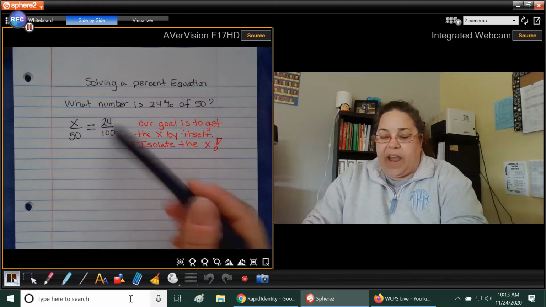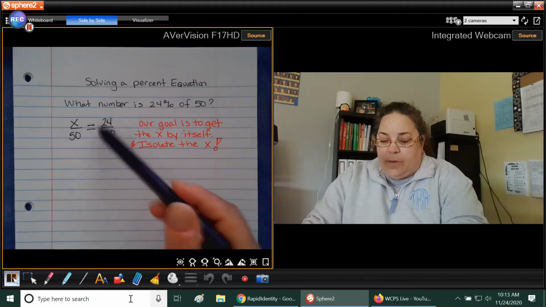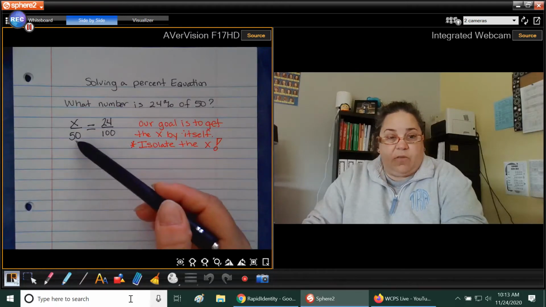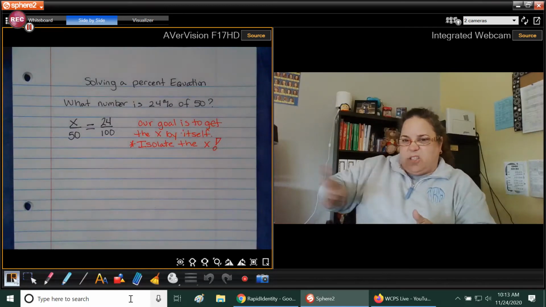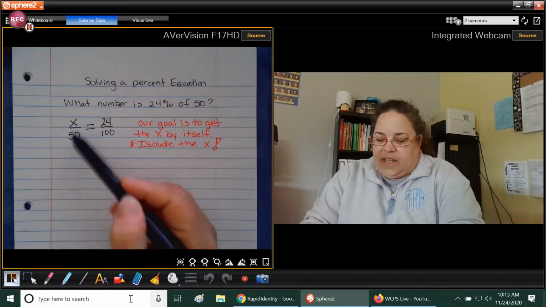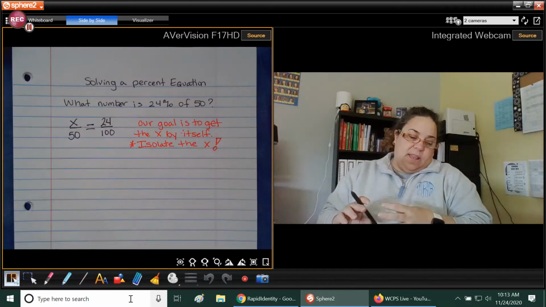What's by the x? Well, what's by the x right now is a 50, right? That's the only number. Everything else is on the other side of the equal sign, so that's by itself too. But the x is over on this side of the equal sign, and you don't want that there.